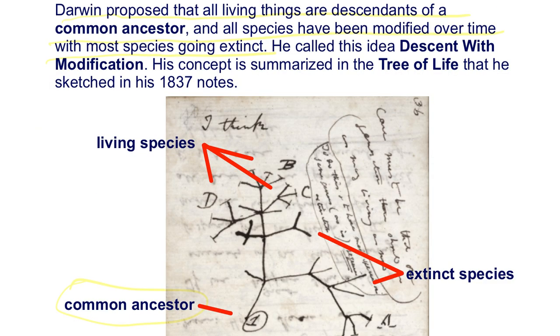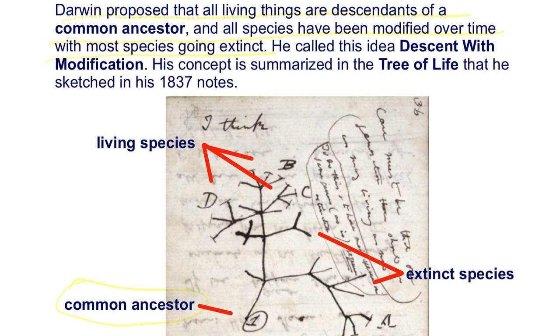Now, Darwin was a genius in that, looking at all the evidence, he came up with this idea of a common ancestor. A common ancestor is what the species, a population, was before it became different, similar species.